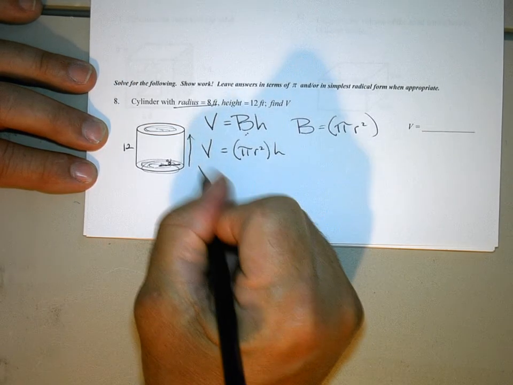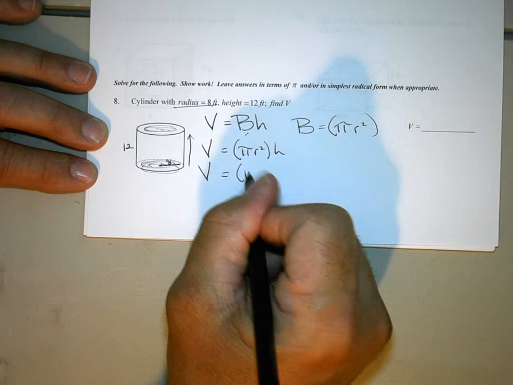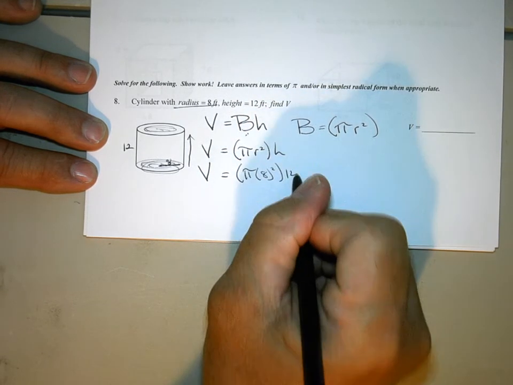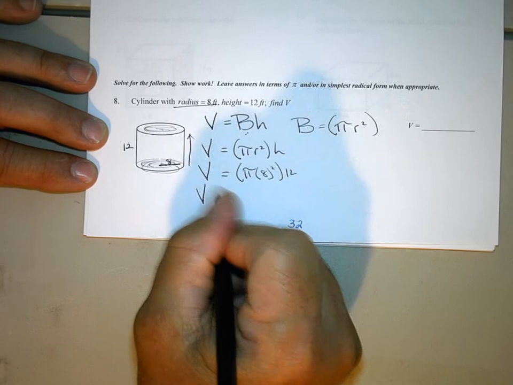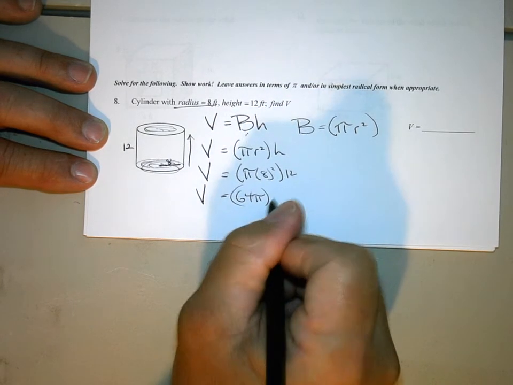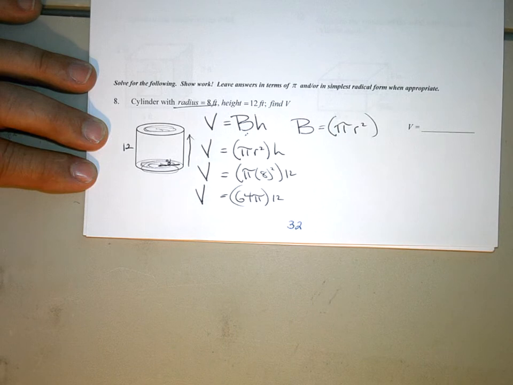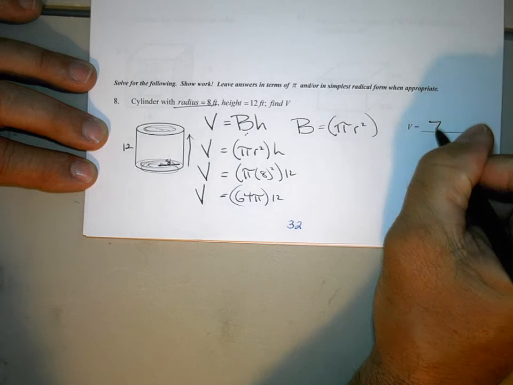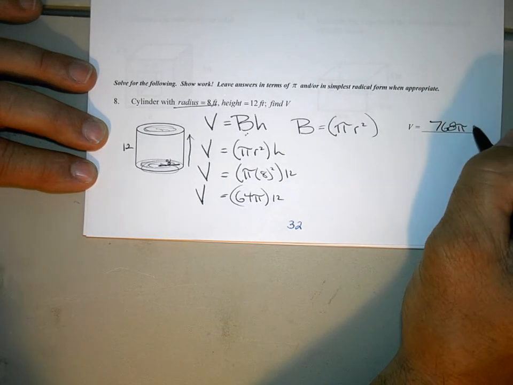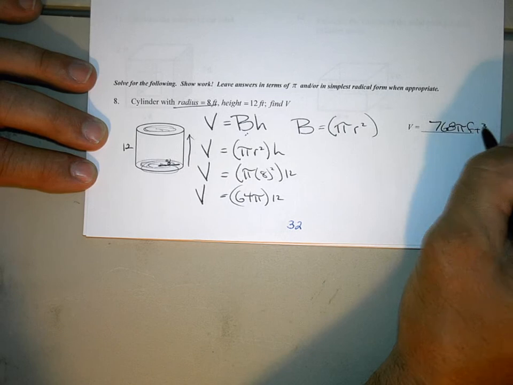So the volume of this guy is simply pi times 8 squared times 12, which means volume equals 64 pi times 12. That's 768 pi. And remember, this is feet cubed.